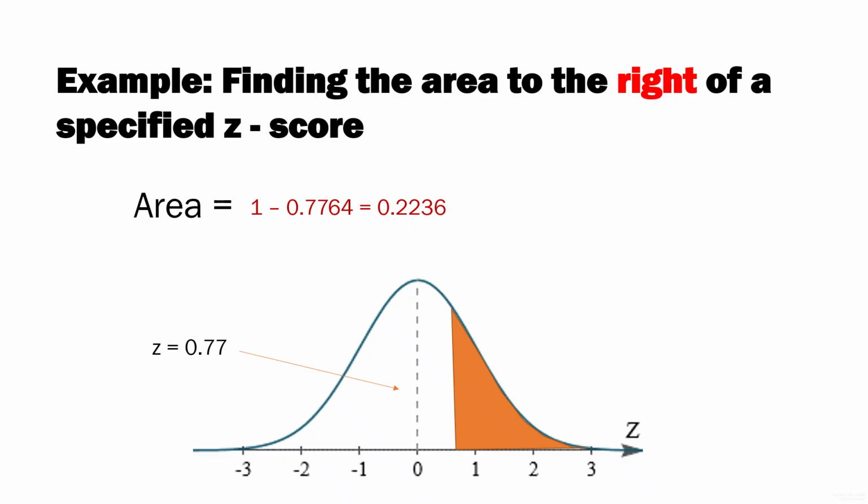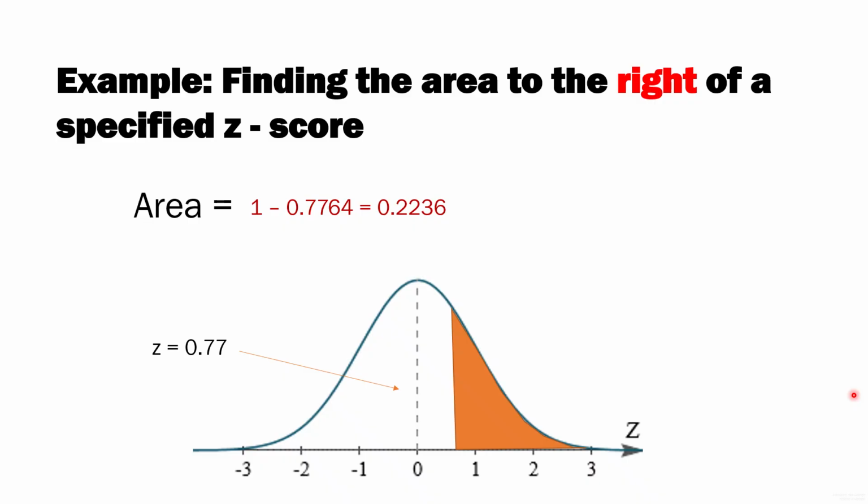So we used this number here and we looked up this number in the body of the table by finding 0.7 in the first column and then going across the row on the top to 0.07 to reach 0.7764. This is the area under the standard normal curve that lies to the left of 0.77.